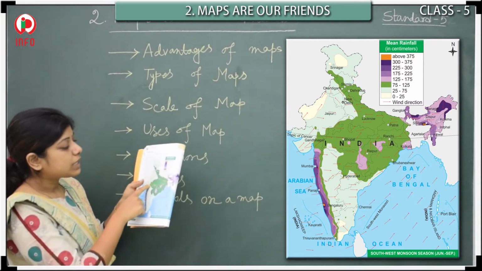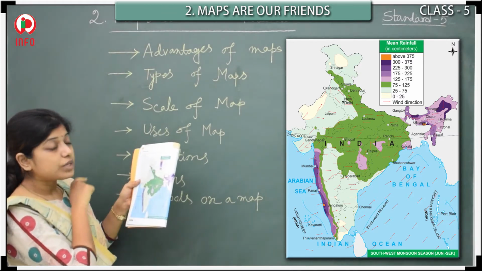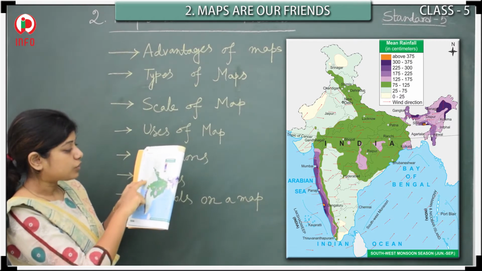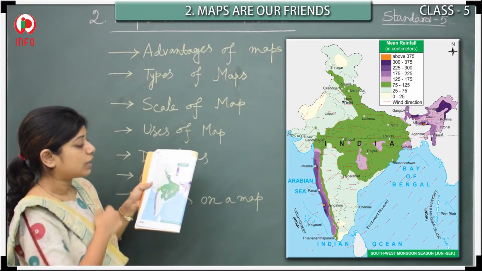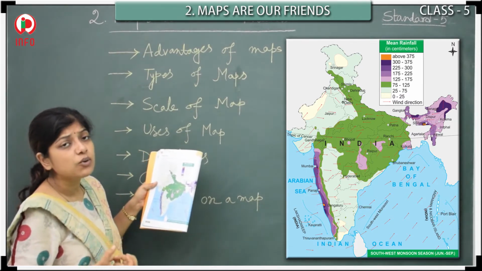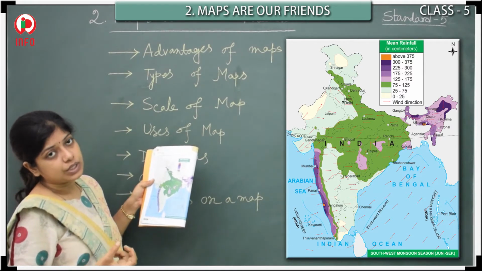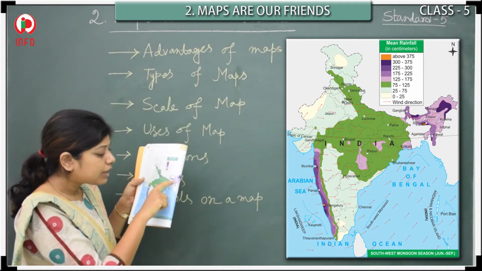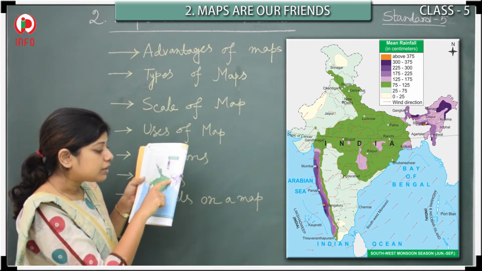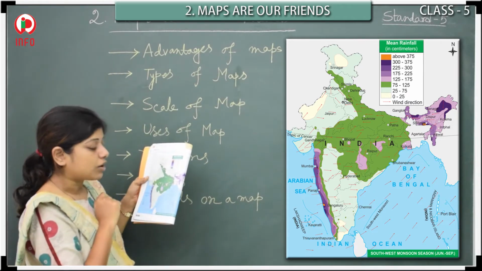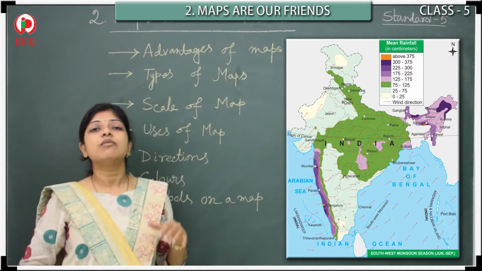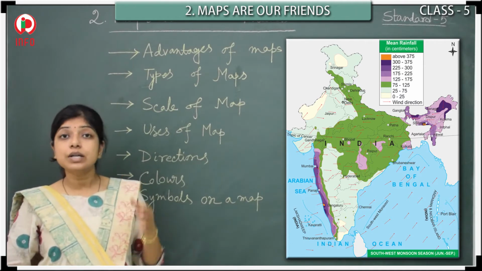Now if you see the 0 to 25 rainfall region, this portion and this portion, these two are very low rainfall regions. And if you see this color, here maximum rainfall happens in our country.